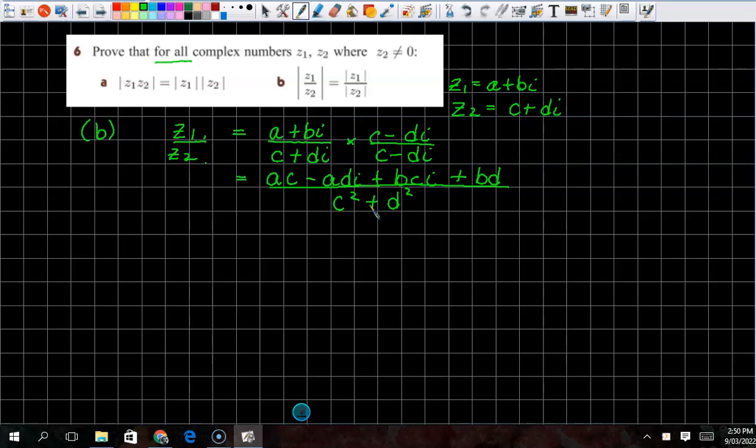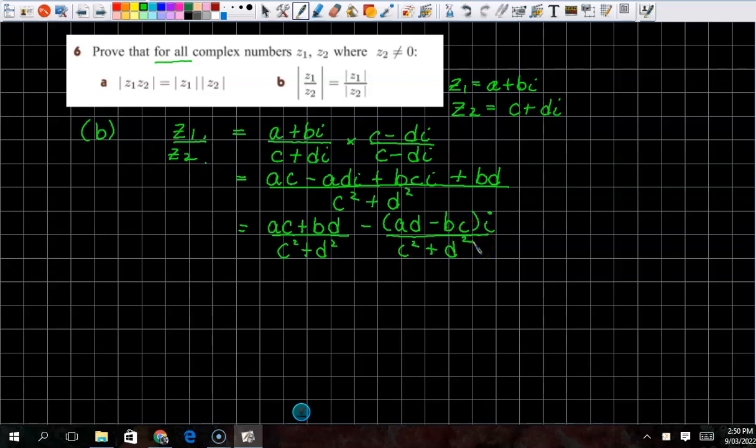Right, so therefore we're just going to group our terms there. I've got AC plus BD, and I can say that's over C squared plus D squared. And I've got minus AD minus BC, all times i, all over C squared plus D squared.